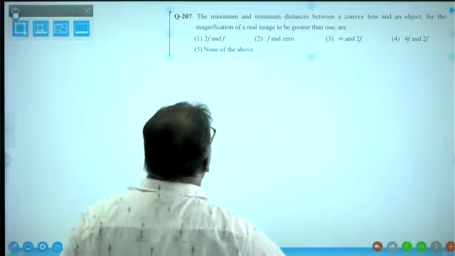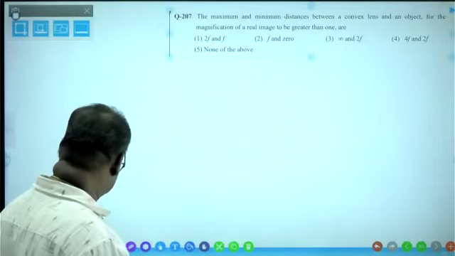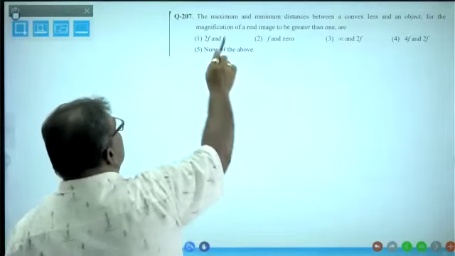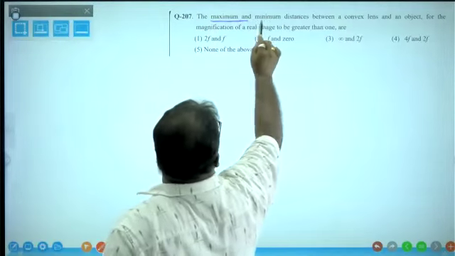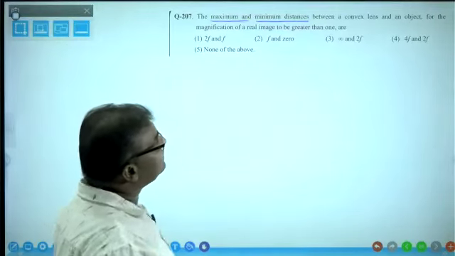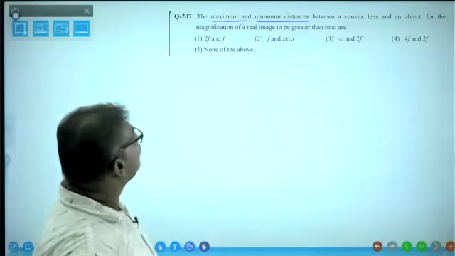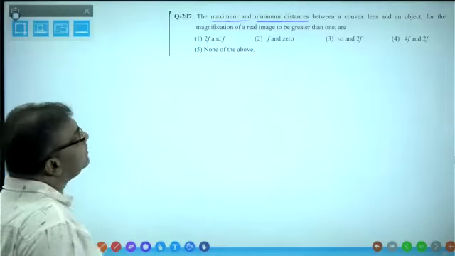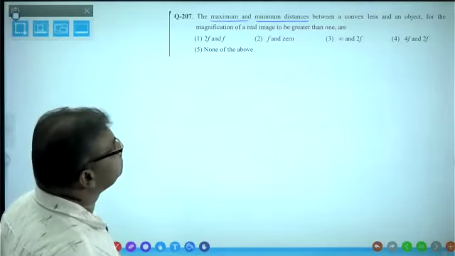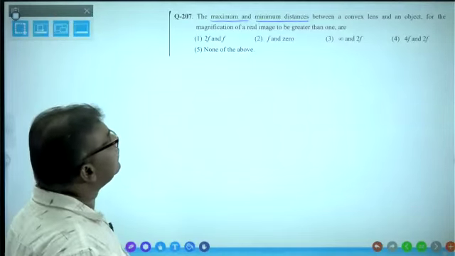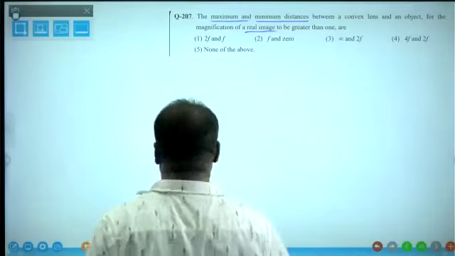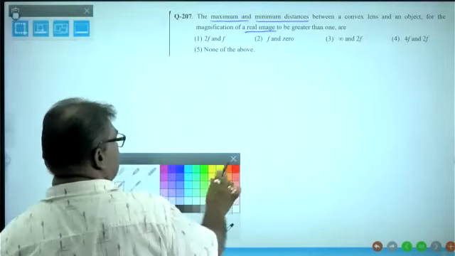Can we manage this question? The maximum and minimum distances between a convex lens and an object for the magnification of a real image to be greater than 1. Okay, it's a real image. Underline real image. Copy a diagram.